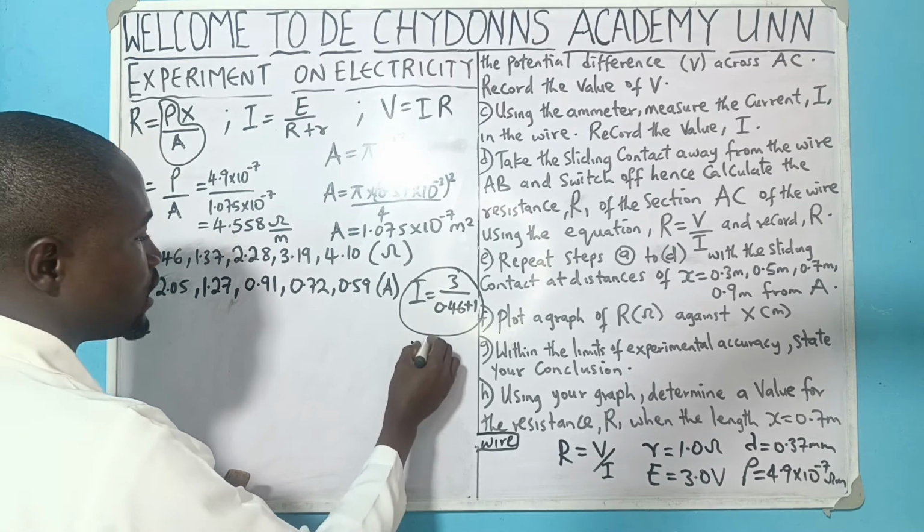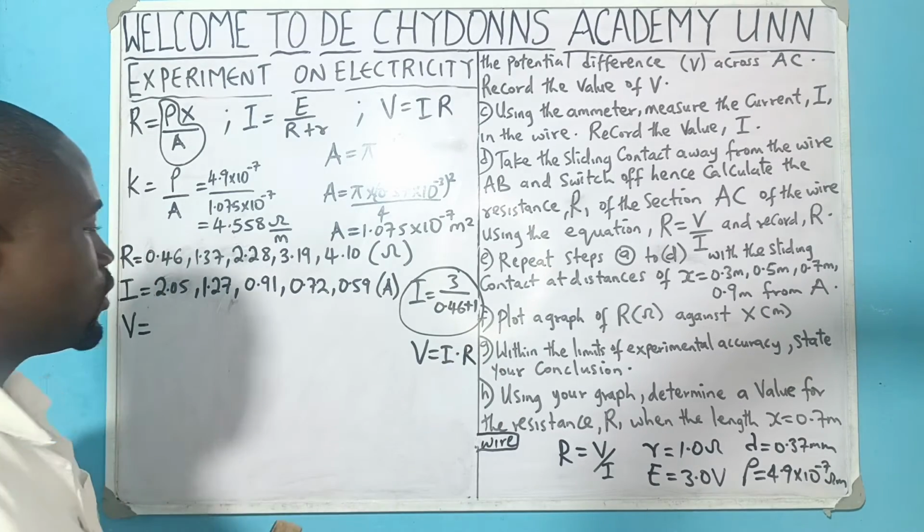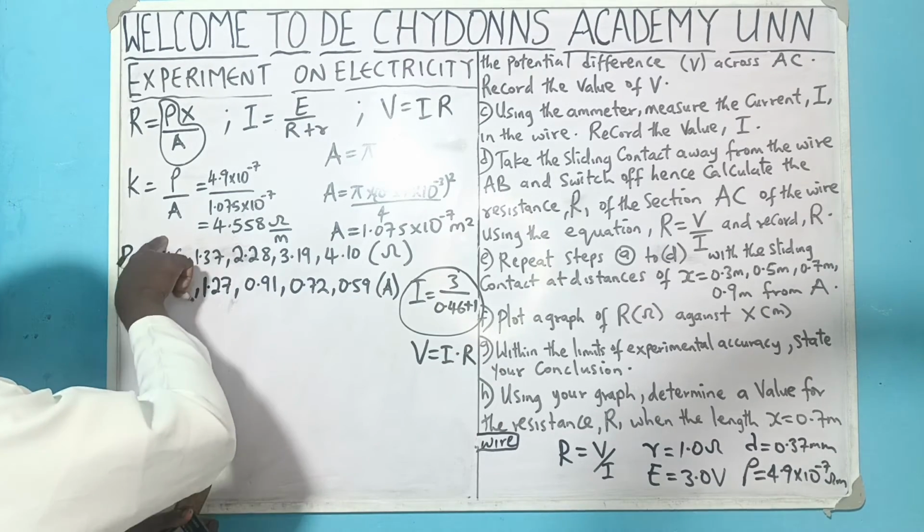Remember that voltage is equal to I times what? R. And our I, we have gotten, and our R, we have gotten it.